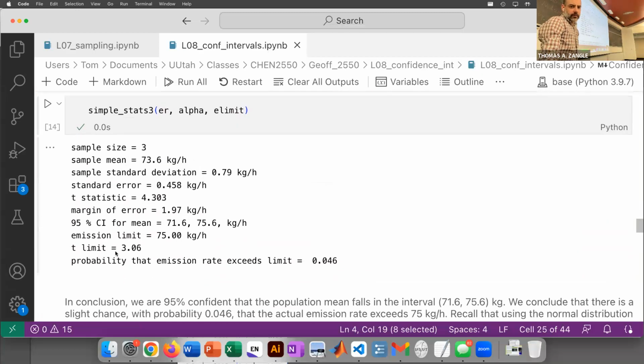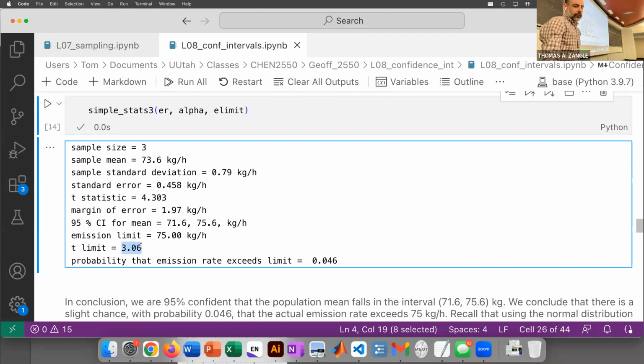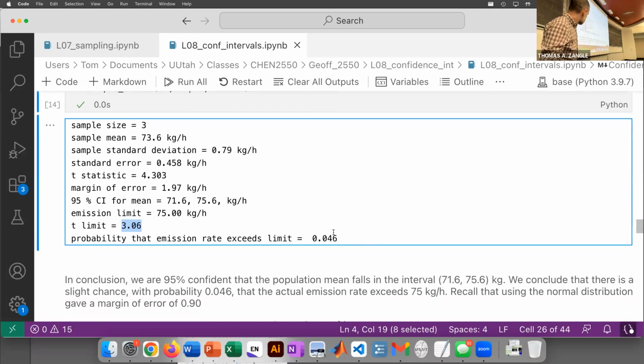And now when we do this, we find that first of all, the t statistic value for that 75 kilograms per hour was 3. And our probability that the emission rate exceeds that limit, in this case, is 0.046.